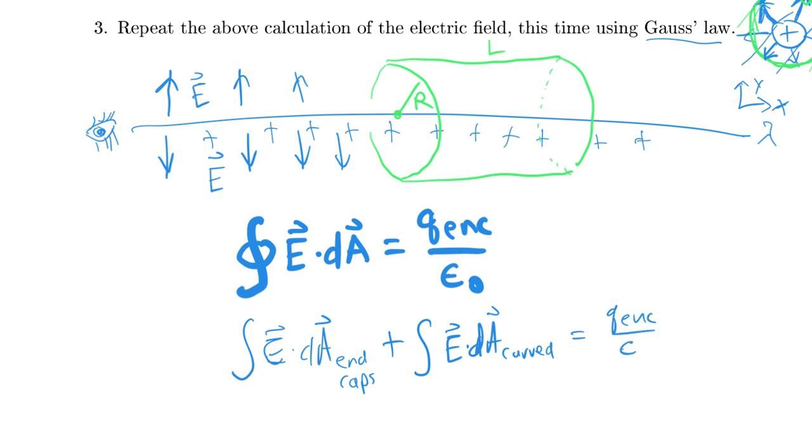Now, one thing to notice is that the electric field, remember the electric field is like this. It's going to be, at the end caps, the electric field is parallel to the end cap surface.